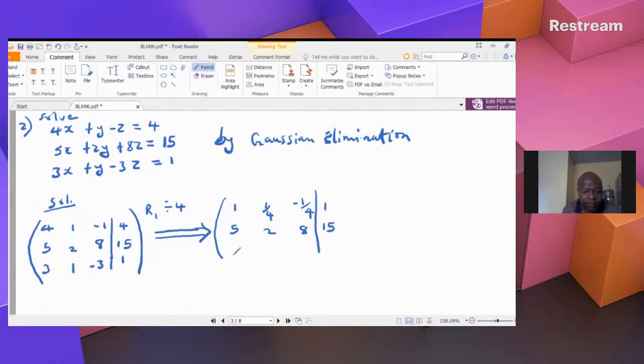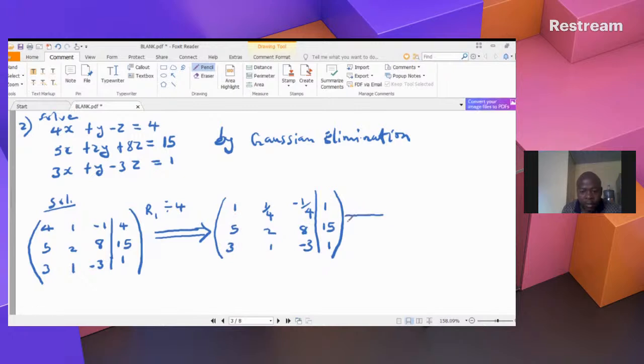And row 3 also is untouched, so we just write it the way it is. Good. Once we achieve this 1, we use it to clear the other entries in column 1. So I want this entry to be a 0 and this other one to be a 0.